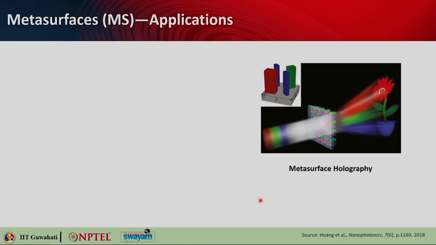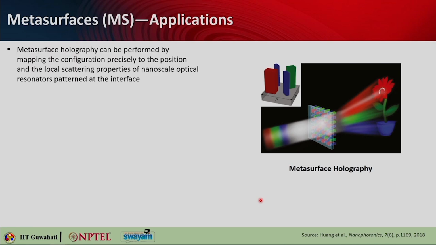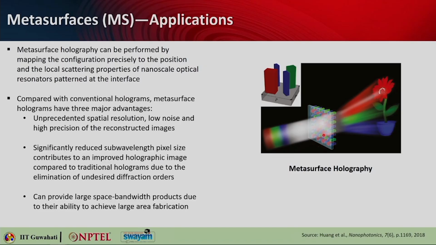Now, holography is nothing but a way of making 3D images or 3D pictures using light. So, meta surface holography can be performed by mapping the configuration precisely to the position and the local scattering properties of nanoscale optical resonators, which are patterned on the interface. When you compare a meta surface hologram with conventional holograms, the meta surface one has a lot of advantages.